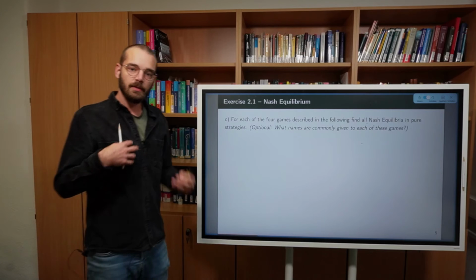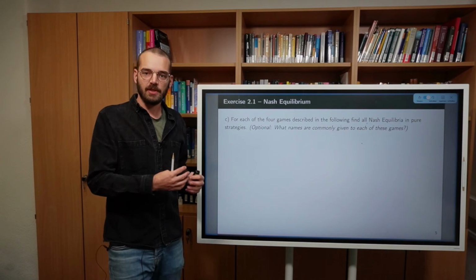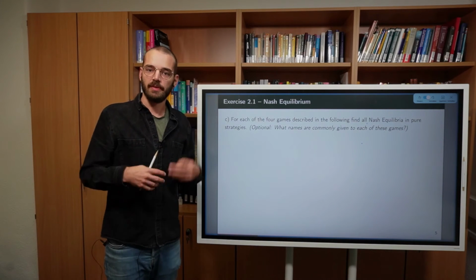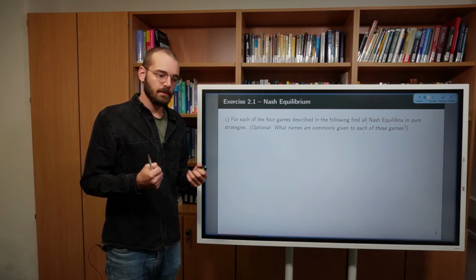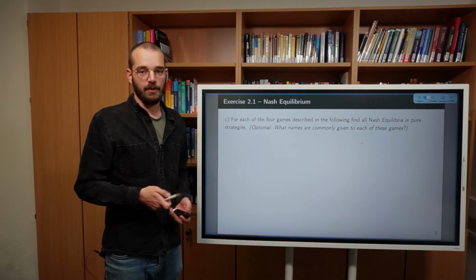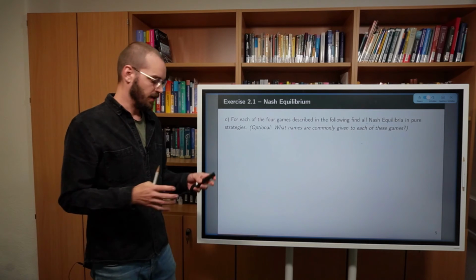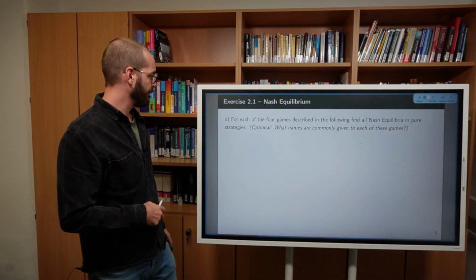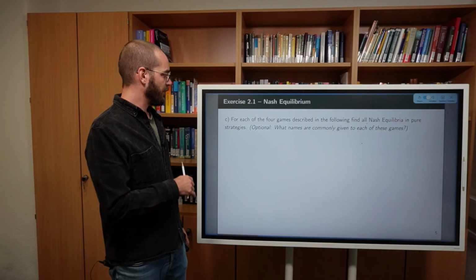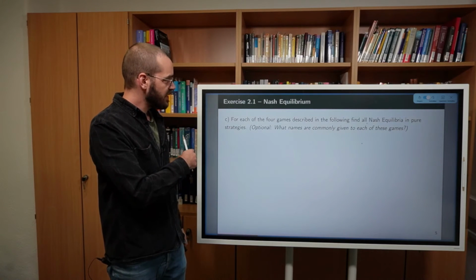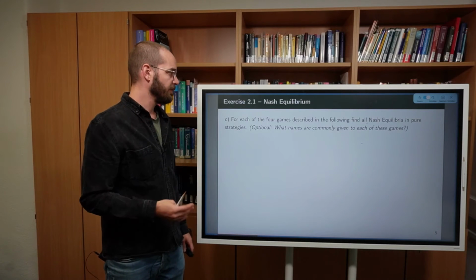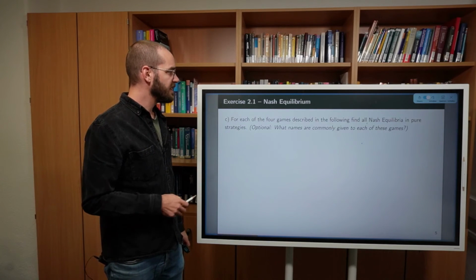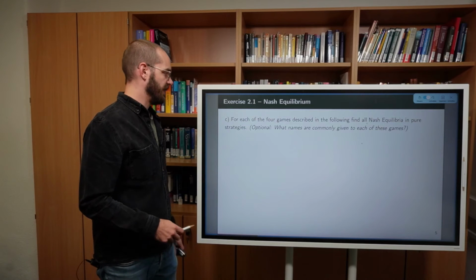Now we are going to do this procedure a few more times, just to reiterate and recapitulate what we just learned and to get a better understanding. So we are now asked to find, for all the 4 games that are coming in the following, all Nash equilibria in pure strategies.